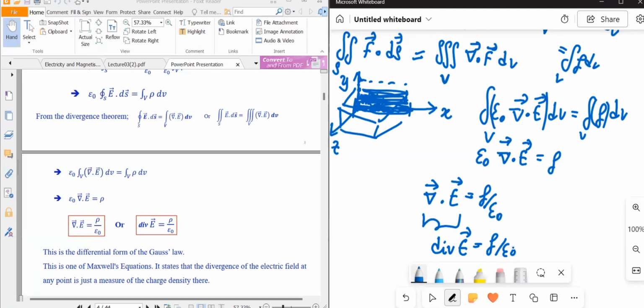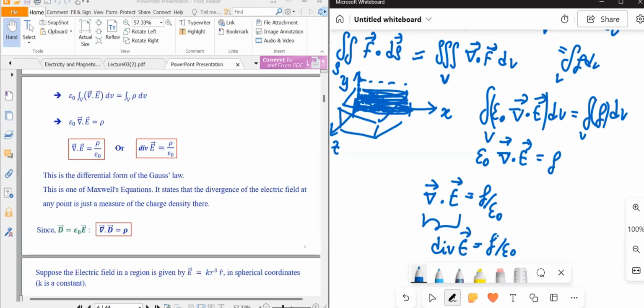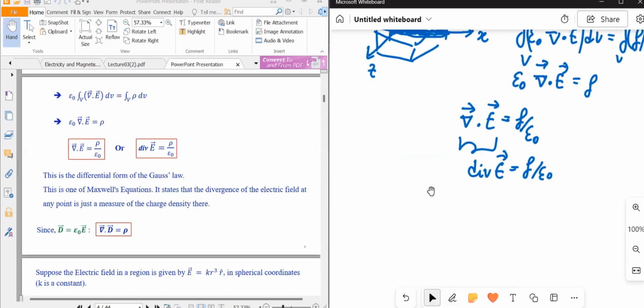This is one of Maxwell's equations, which states that the divergence of the electric field at any point is just the measure of charge density there. So this is the Gauss law in differential form.